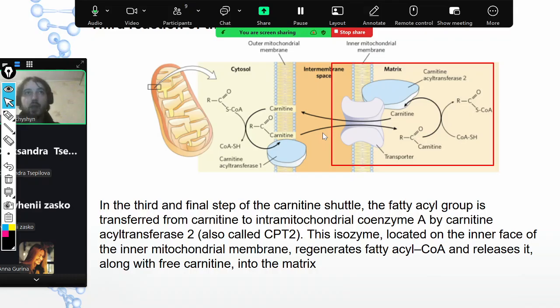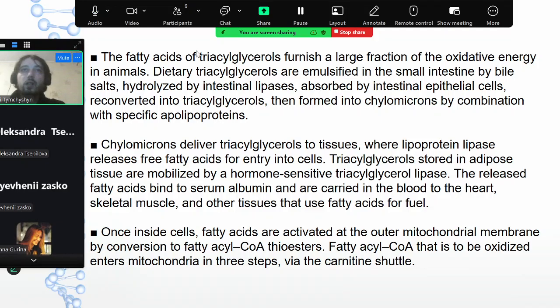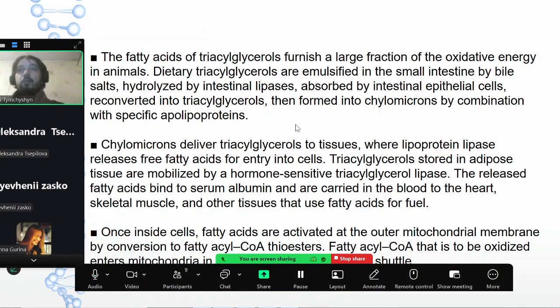We took that up, then collected them together into triacylglycerols. Then if we need, we may once again deconstruct, construct, and so on and so forth, depending on what we need to transport, where we need to transport, and so on. Okay.